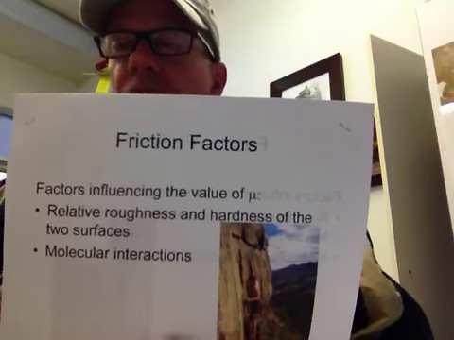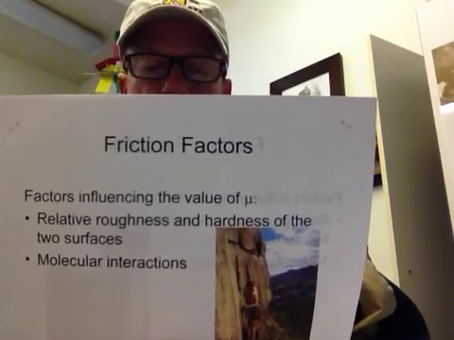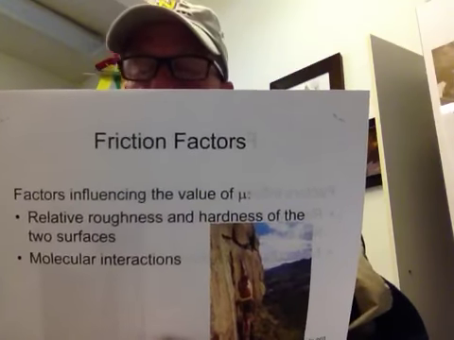Factors influencing the value of mu, or the coefficient of friction, are the relative roughness and hardness of the surfaces and the molecular interaction. So be a student of what the appropriate coefficient of friction should be.